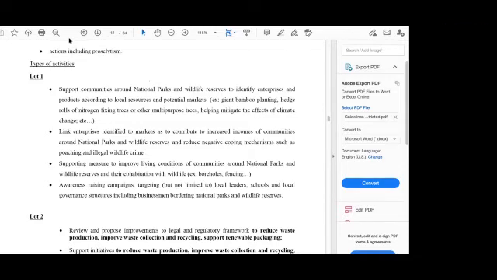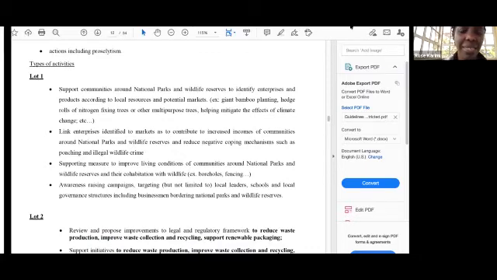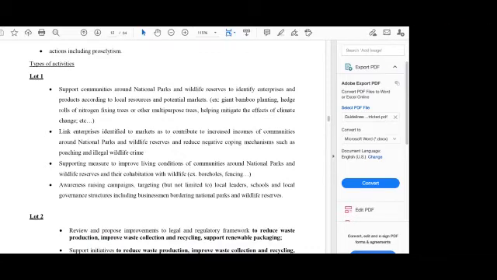Wisdom? The national park authority, that organization, even the communities themselves, isn't it? Yes. We have maybe non-governmental organizations operating around that area. We also have these micro enterprises.